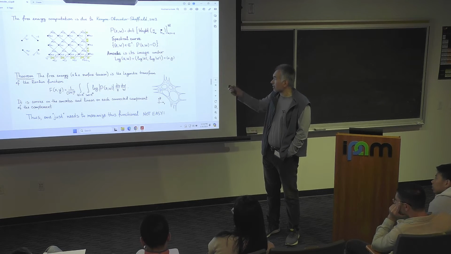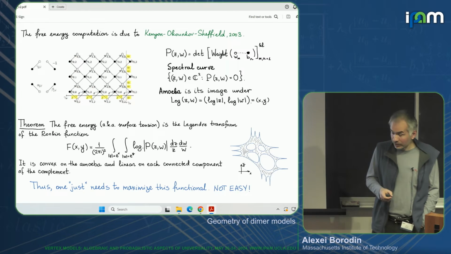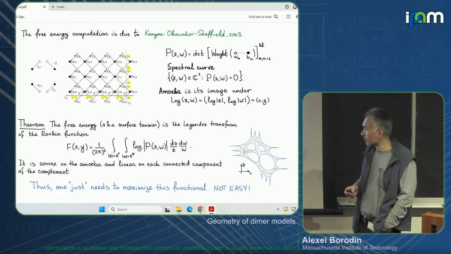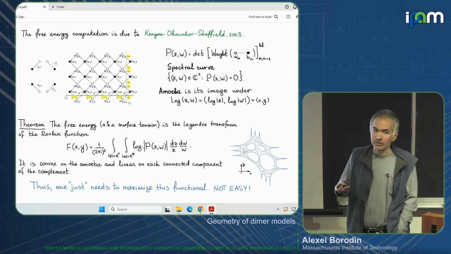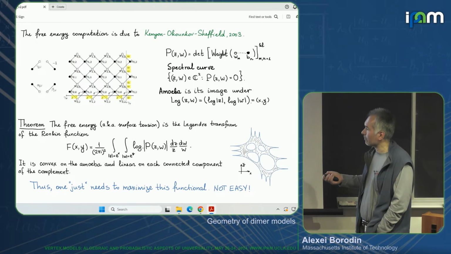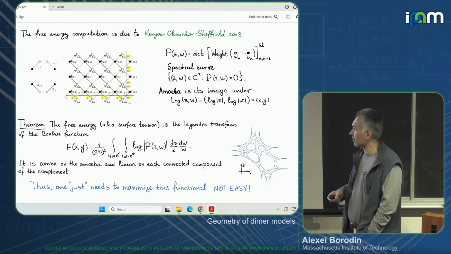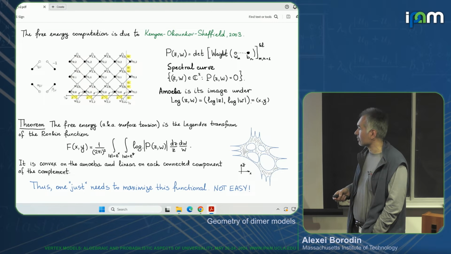So this is a wonderful result by Kenyon, Okounkov, and Sheffield about 20 years ago. In particular, they could see the formation of these different smooth phases by looking at the behavior of the surface tension.